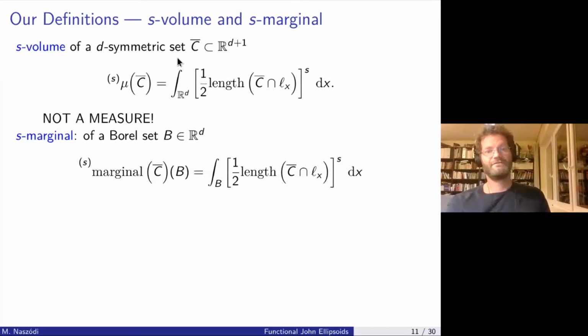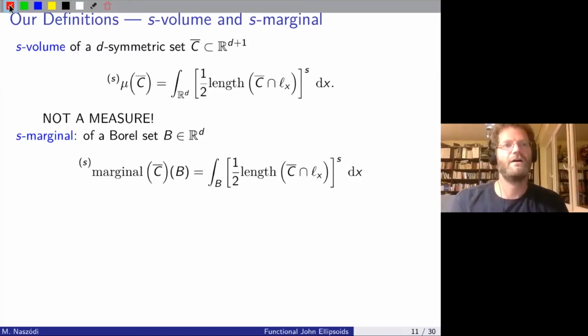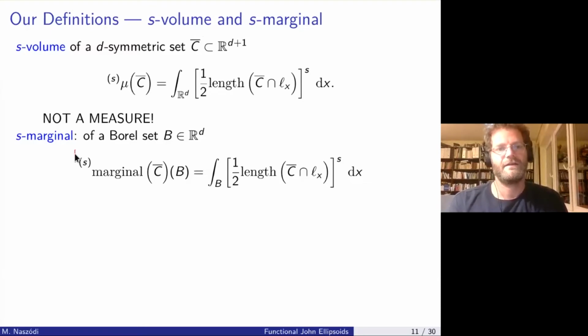Take a Borel set B in R^d, and I fix C. For fixed C, I claim that this S marginal, which I'll define in a second, will be a measure.